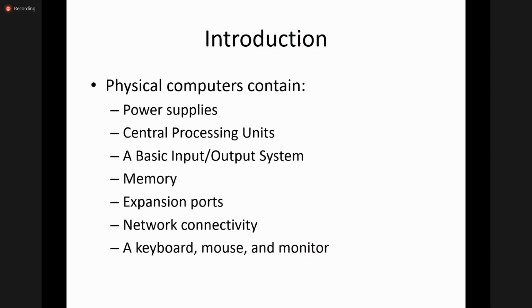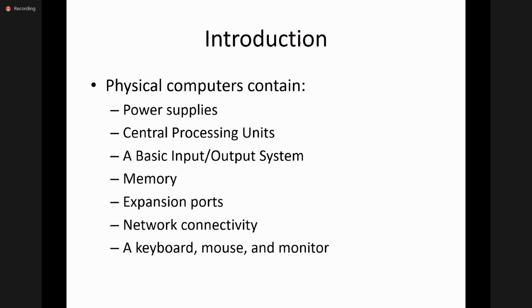What does a physical computer normally contain? Normally, the computer consists of different items, or let me say tools, inside it, such as the power supplies, the central processing unit, the CPU, basic input output system, keyboard, mouse, screen, whatever.